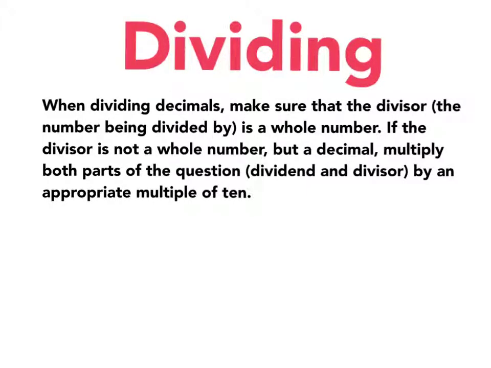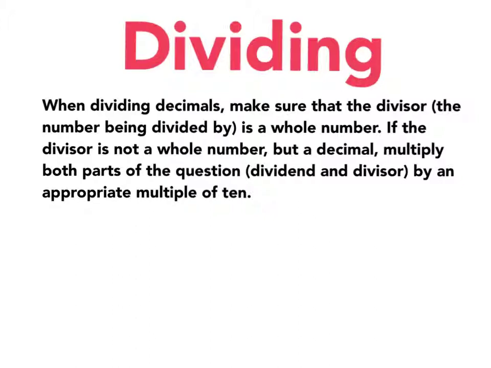Dividing, how do we divide? Again, dividing decimals is exactly the same thing, with the same strategies and techniques that you use with whole numbers. However, if you are dividing, the divisor, the one that goes on the outside, what you're dividing the number by, must be a whole number. If it's a decimal, you can't do it. Okay, the divisor must be a whole number.